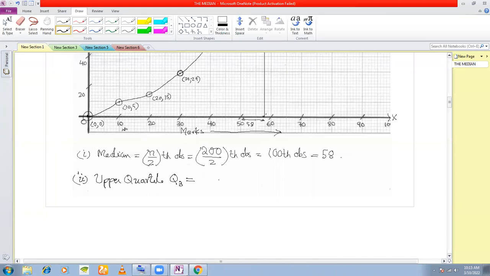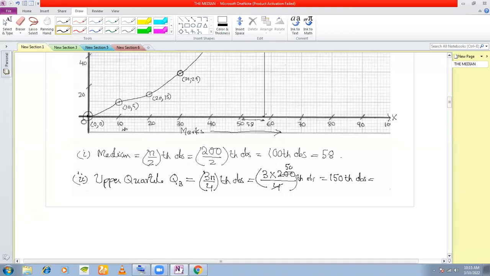And upper quartile is 3n by 4th observation. This is the formula for upper quartile. So 3 into n, which is 200, divided by 4. This cancels. So you get the 150th observation. Now, which one is the 150th observation?